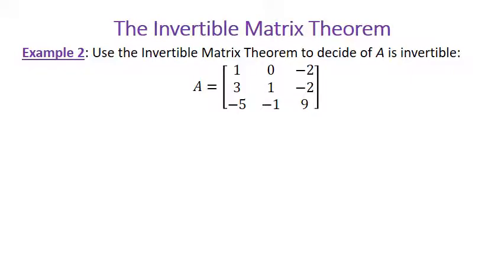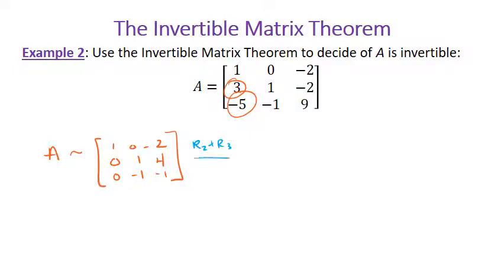If I'm trying to row reduce this, the first thing I'm going to want to do is try to get those to be 0. So this becomes 1, 0, negative 2, 0, 1, 4, 0, negative 1, negative 1. If I proceed, if I add row 2 to row 3 and get a new row 3, I get the following.